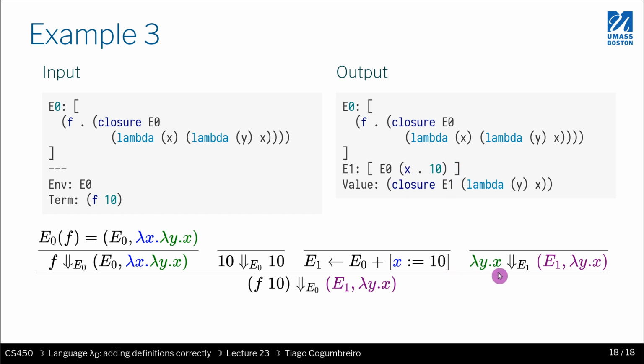Okay. And now what do I have? I'm going to evaluate the body, which is the innermost thing. And I'm going to evaluate it with which closure? Not the closure that is outside, but the closure that we just created, right?